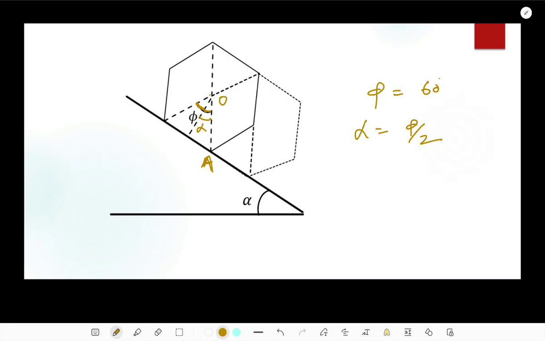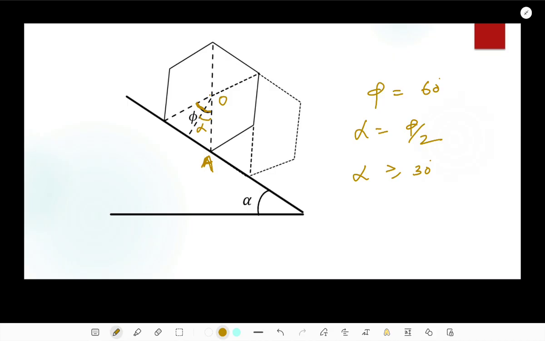You can see yourself that the answer to this question is that alpha should be greater than or equal to 30 degree. So this is the answer. Alpha should be greater than or equal to 30 degree to start rolling. To just start rolling, it should be equal to 30 degree.